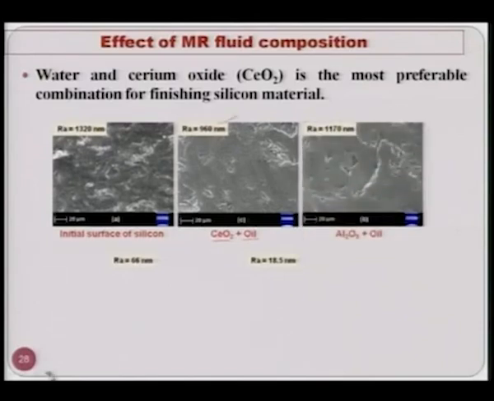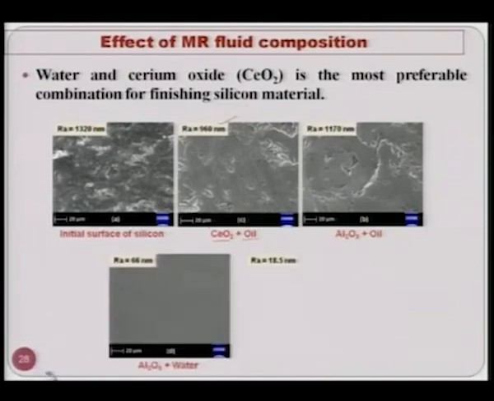Then alumina plus oil was used and somehow the surface roughness was 1170 nanometer. Then alumina and water was used as the medium constituents, and you can see clear difference. The surface roughness came down to 66 nanometer from 1320 nanometer.